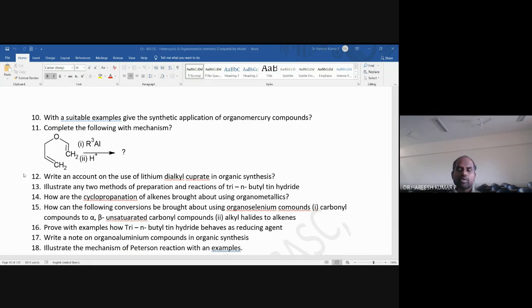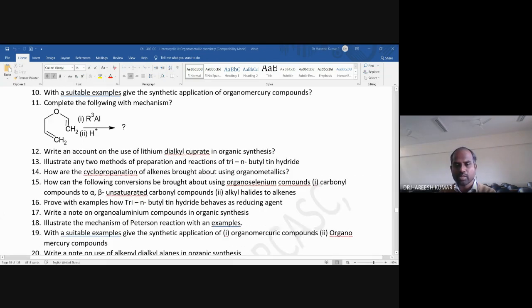Okay, more particularly you can explain about the mechanism, what happens when a carbonyl compound is treated with tributyl tin hydride. More particularly, you can take AIBN as a radical initiator, or maybe in presence of light, it will give you the product.